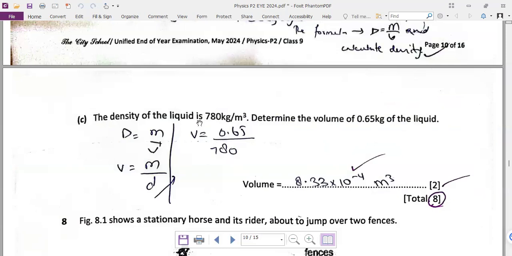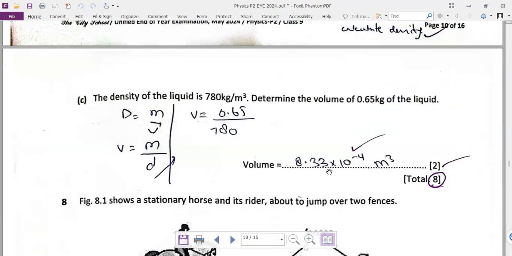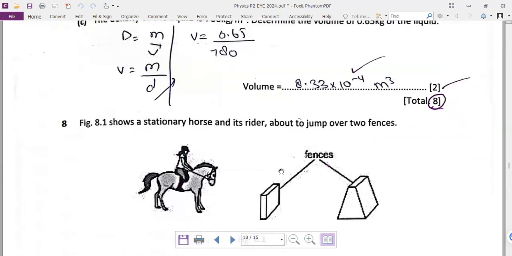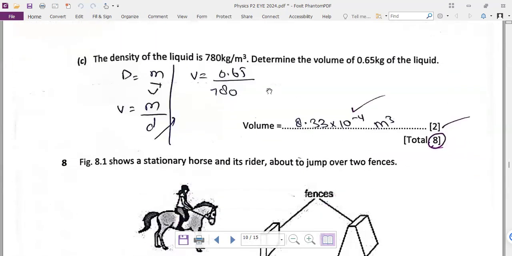Here, you're asked to calculate the density using this data. You just put the values. Make sure you put them in the right way. Mass given goes in the mass place, then density goes into the density place, and that gives you the volume. The volume is this much. Make sure you use the correct units as well.